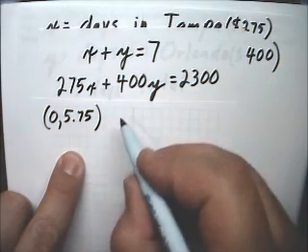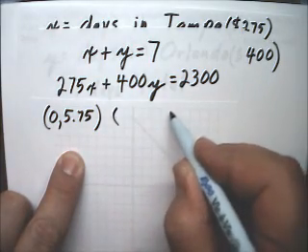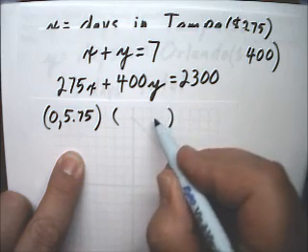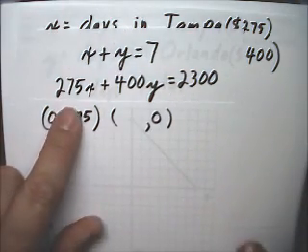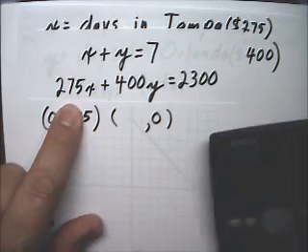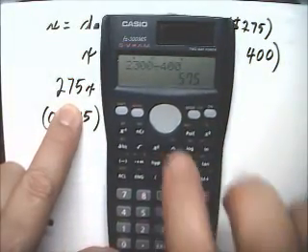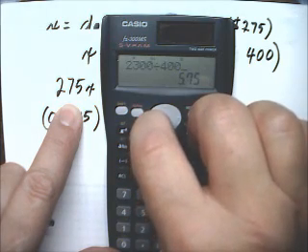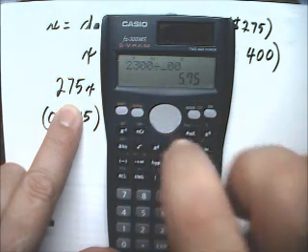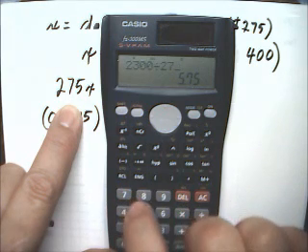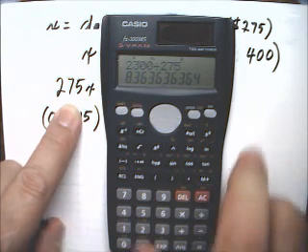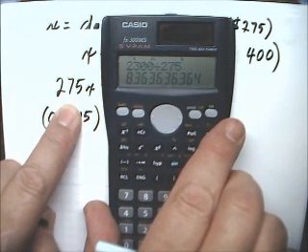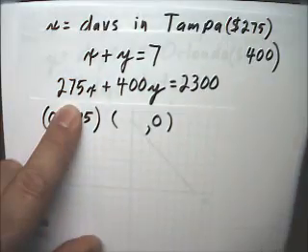Now I'll start out with y equals 0. Then I'll have 275x equals 2,300. So this time I have to divide 2,300 by 275, which is 8.3636 and so forth. So I'll make it 8.4.